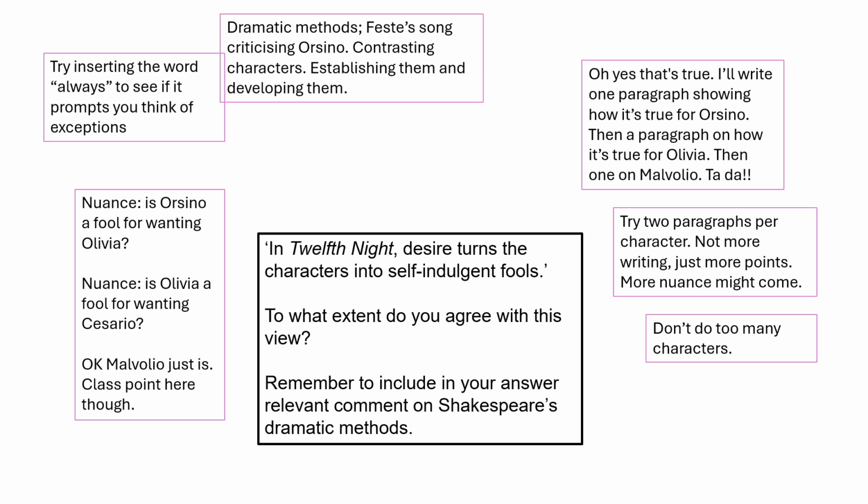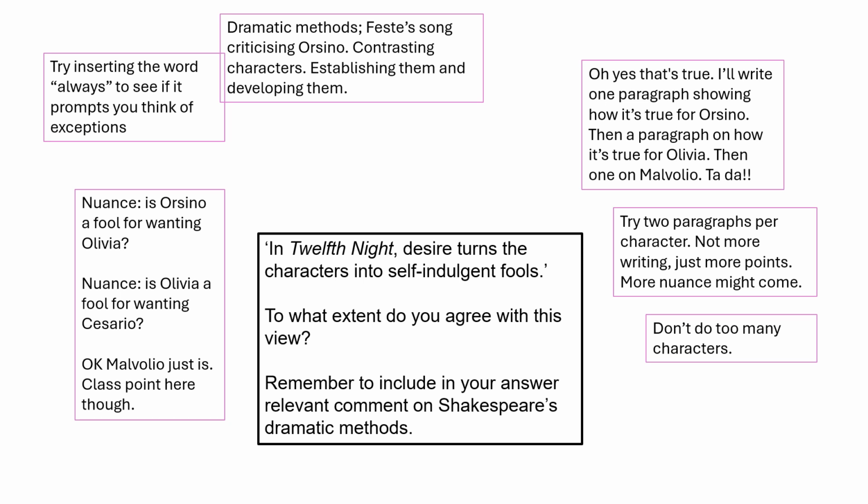Contrasting characters, the way Orsino acts, the way Viola acts towards Orsino, or comparing Orsino and Viola, comparing Orsino and Malvolio. So that's a nice dramatic method. So the characters are established and then they develop. So a lot more of that sort of terminology.